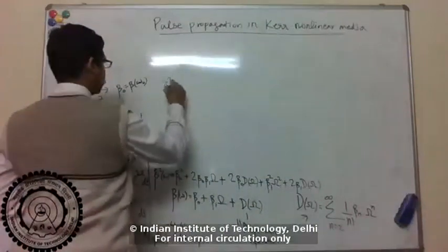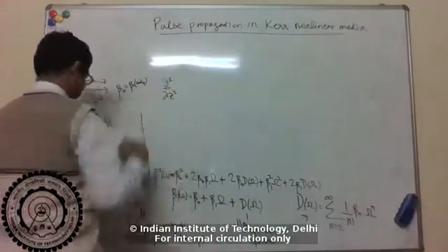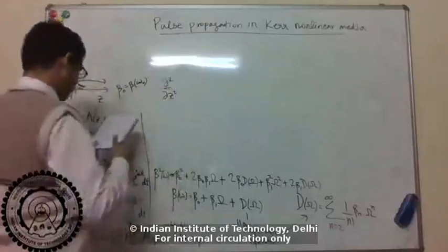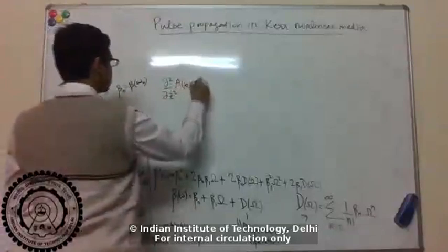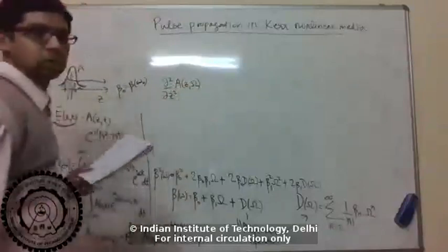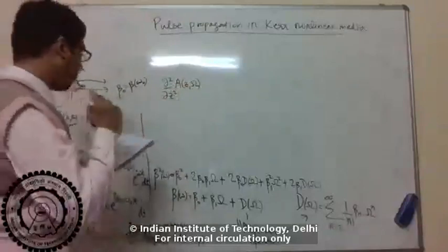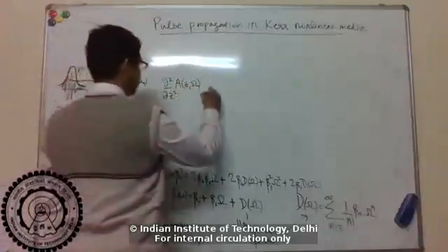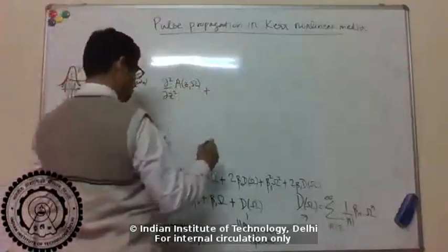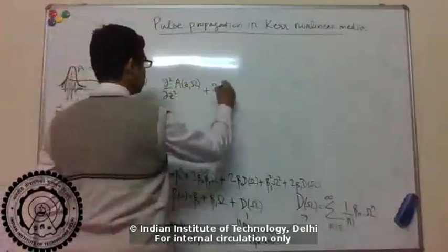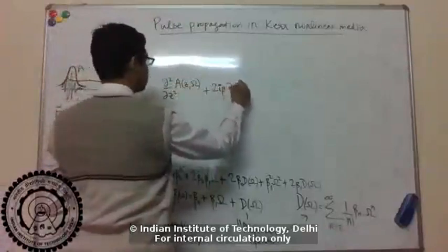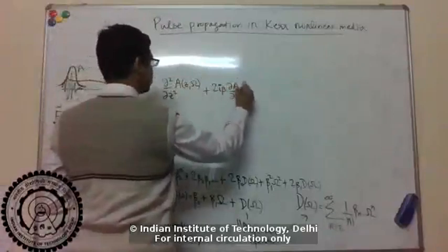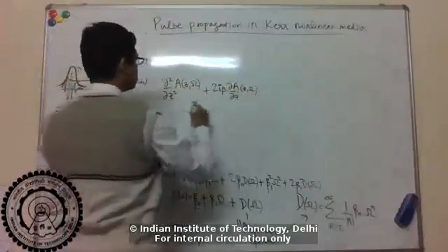So I get, so I had d square by dz square, okay. Then I had this term already, 2i beta dA by dz.